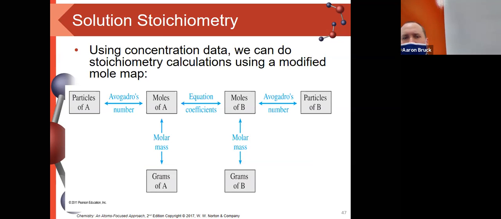So before we move on completely, let's talk a little bit about solution stoichiometry. Now, titrations represent a very specific type of chemical reaction that occurs in aqueous solution. In particular, we're talking usually about a redox reaction or some kind of acid-base neutralization reaction.